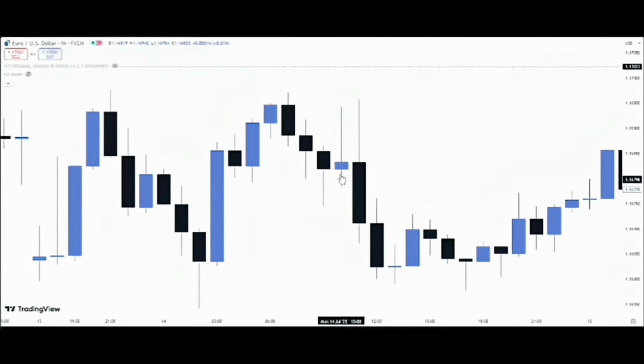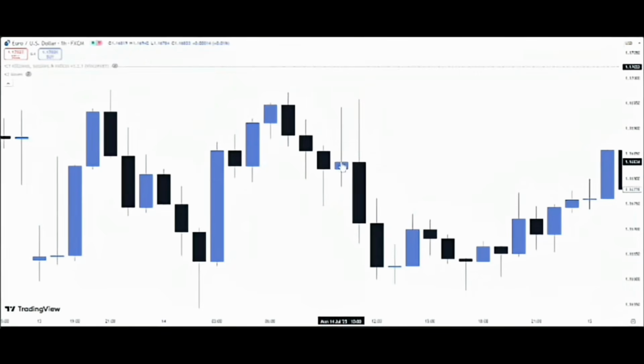So the buyers jumped in and pushed price to this high, and then the sellers jumped in again and struggled with the buyers, pushed price lower, and at the end of the day, look at the close. Although they managed to close bullish, look at the tiny body candle that they closed with compared to the distance that the sellers covered from this high to this point. Look at it. So the next candle should tell you that the sellers will be in charge.